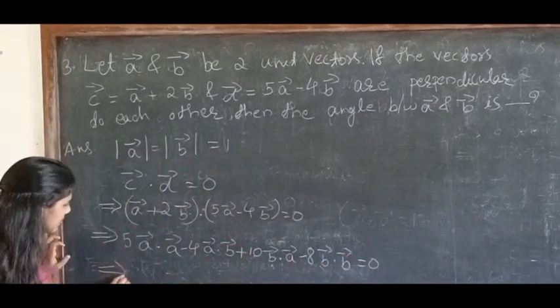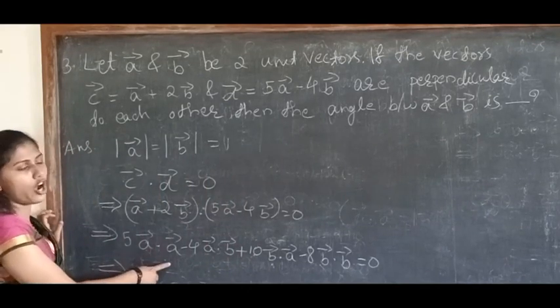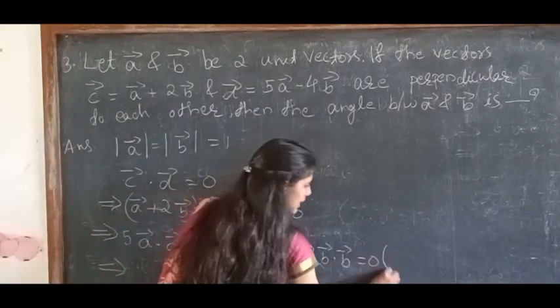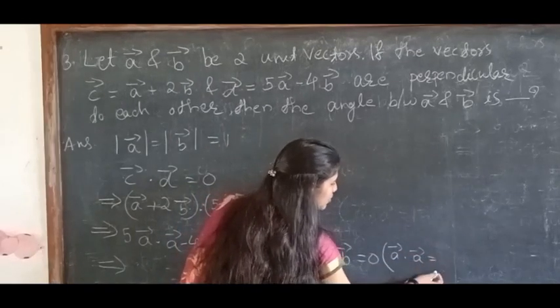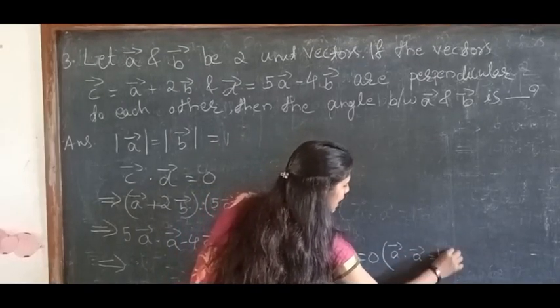Which implies vector A dot vector A, it is a result that vector A dot vector A is equal to mod vector A square.